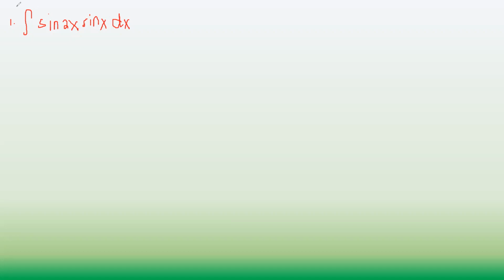Okay. Solve natin. Sabi ko kanina, pag magkamukha, ang ipapalit ay cosine. So, ito, equal sa integral ng 1/2 cosine A minus B. Kapag walang cosine, minus, di ba?